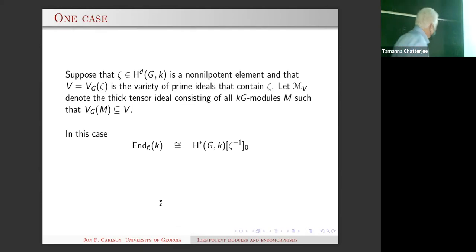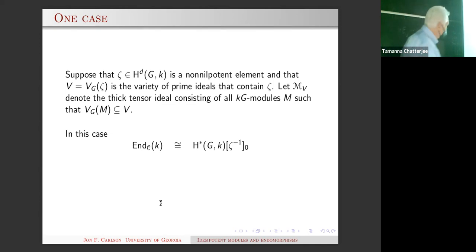What you do is you invert zeta, because the third object in the triangle of zeta is going to be in that subcategory. And then you have to take the zero grading, because zeta is homogeneous, so you still have a graded ring. And so you take the zero grading. And that's what you get.